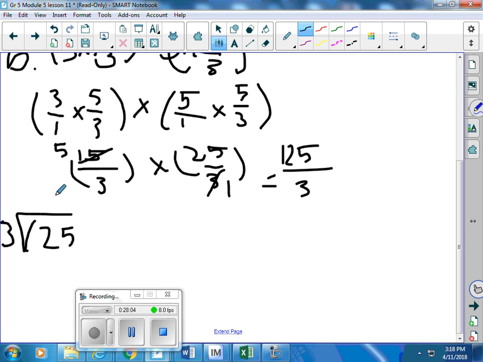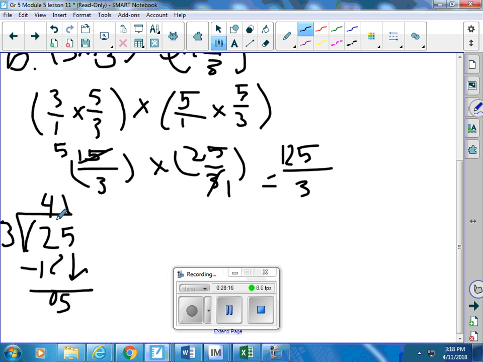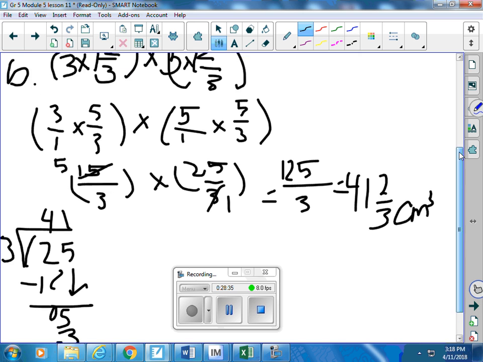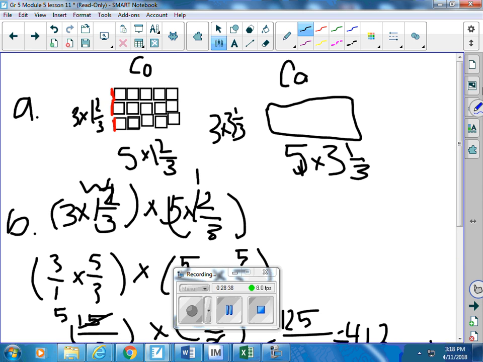Divide. 3 goes into 12 4 times. Bring down the 5. 3 goes into 5 one time. So I would make 41 whole groups. And I would have 2 thirds left over. That is the area of this square, of Colleen's square.